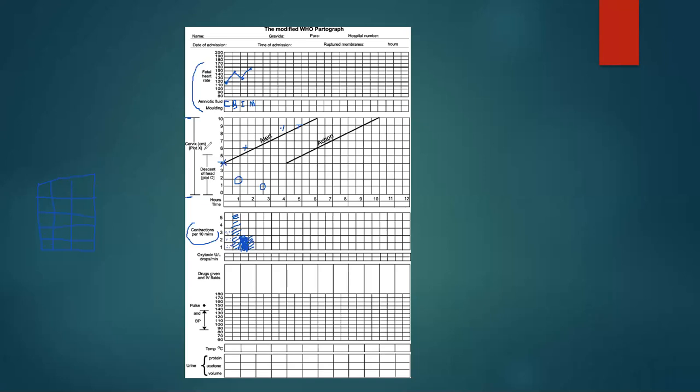Okay? And what do I mean by molding? Let me make it easier. Let me go on the whiteboard. Let me try and see if I can draw. Okay? Let's assume this is the fetal head. You know, we have your sutures. Sorry, my diagram is quite bad.